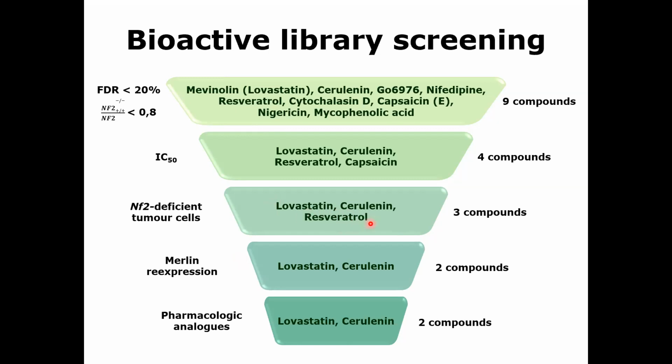The third drug, resveratrol, still continued to work on cells with Merlin re-expression, which indicates that it might not be associated with the absence of Merlin. And finally, we also tested the other drugs from the pharmacological group and found out that both lovastatin and Cyrilline were typical representatives of their pharmacological groups.